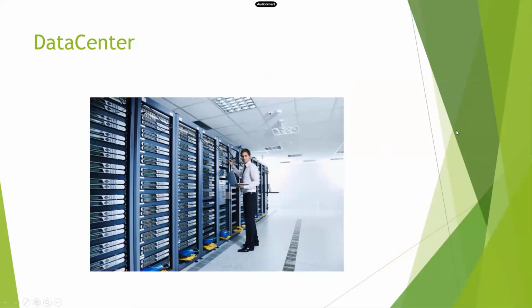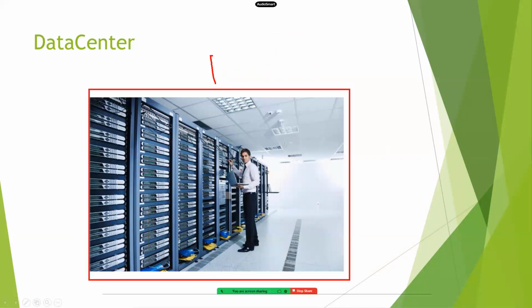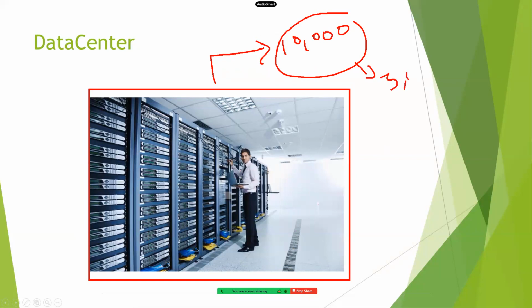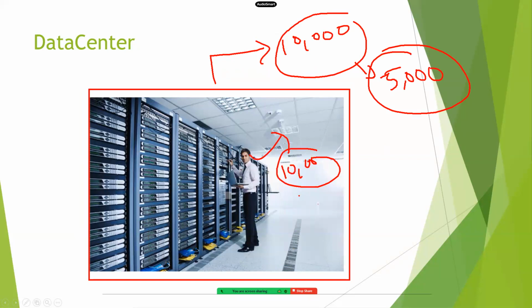Not only that, assume that this data center capacity is 10,000 servers. Now, our business is going well, and we got another project where I would like to build 5,000 more servers. Already there is no space, it is filled up with all 10,000 systems.